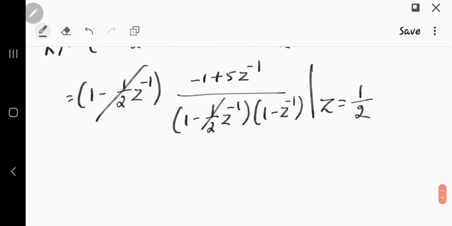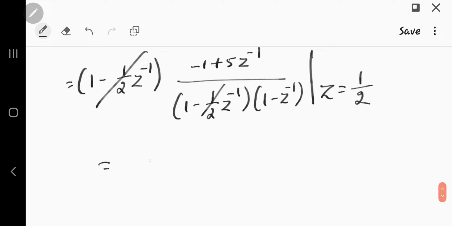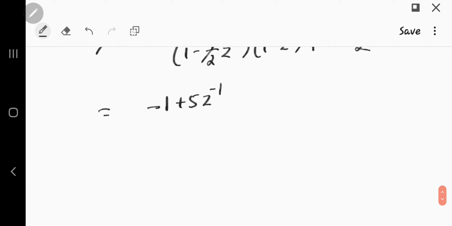So these two get cancelled, and you remain with minus 1 plus 5z inverse divided by 1 minus z inverse, where z takes the value 1 by 2.